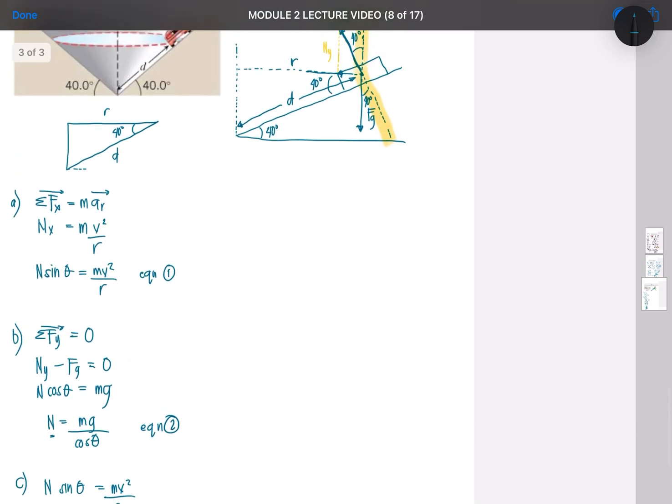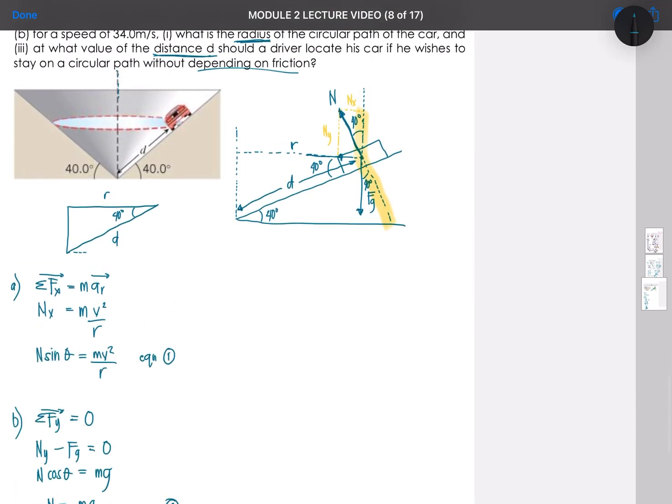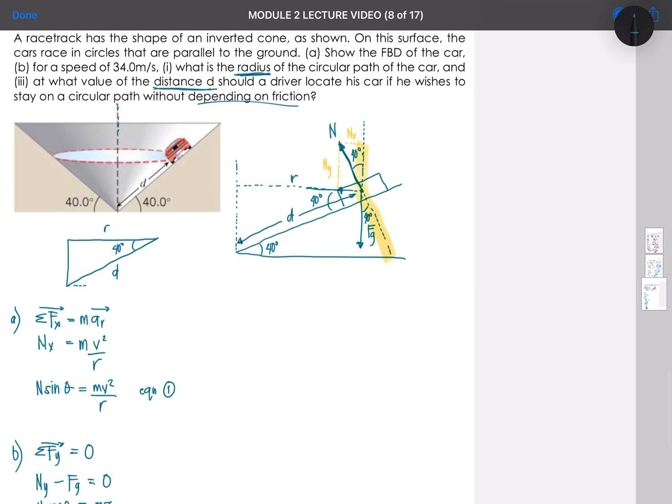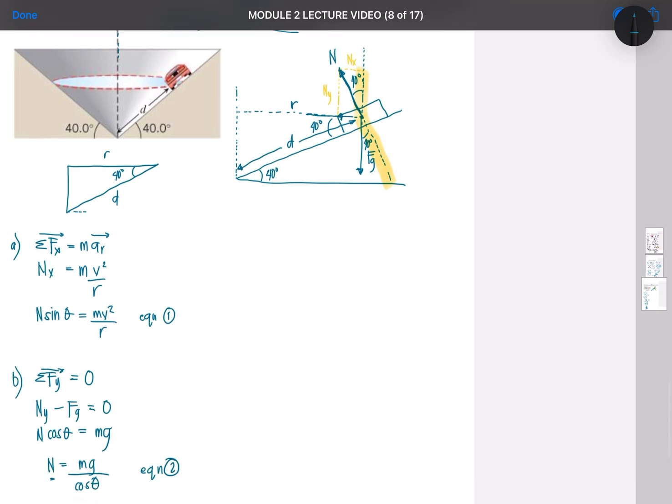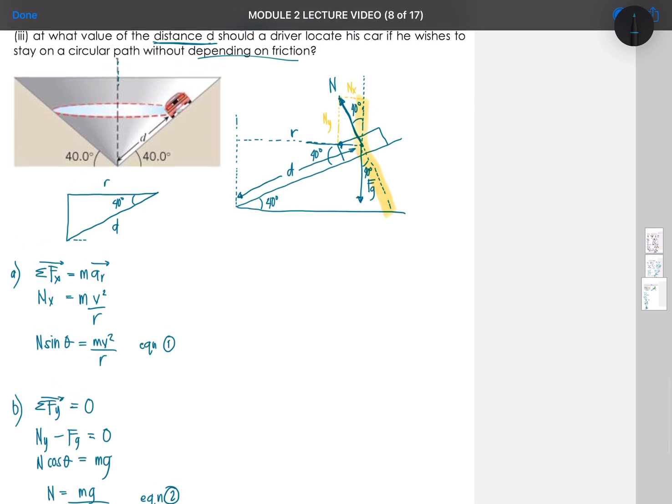Okay? Since we have already the radius, and so yun na yung nauna nating na-solve, we can now solve for the distance so that the driver locate his car if he wishes to stay on a circular path. And so we can actually solve for d given the value of the angle and the value of the other side. Kung gagamitin natin cosine theta, that is equal to adjacent, we have r all over d.